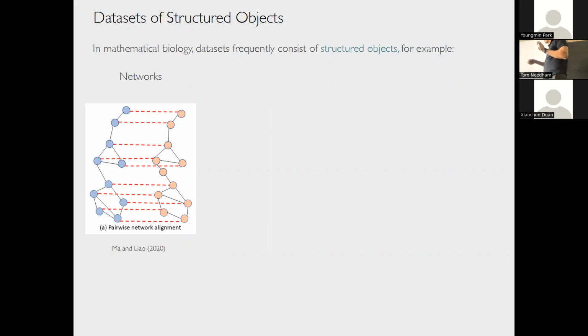Maybe you have graphs that come from two different species, and say the function of the proteins in this species, you know, over here you don't. So you know the kind of internal structure of these networks. So you might say, well, if I can align these two networks, then I can maybe infer function on the target set, okay, from the source set.